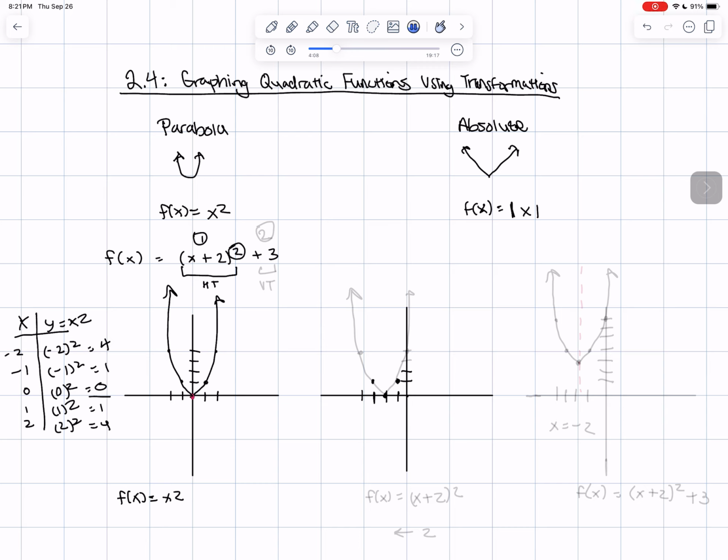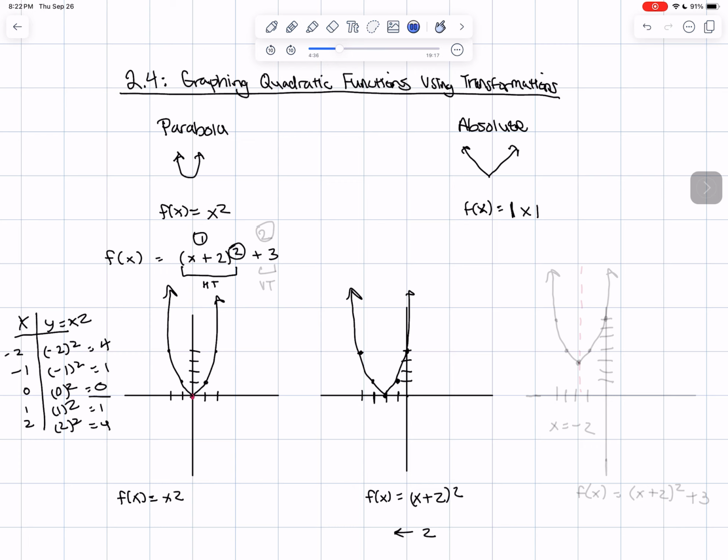It's pretty easy to move them. So now we've moved them over 2. So that means f of x equals (x plus 2) squared. So that's our horizontal shift. So that means we went left 2.